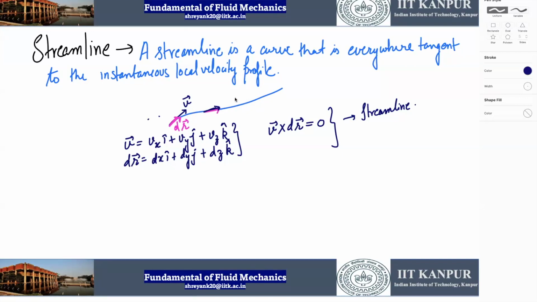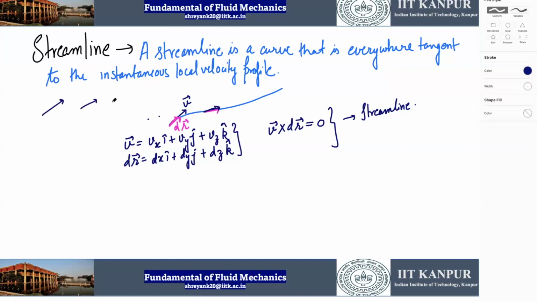This path is basically the curve which is locally parallel to the instantaneous velocity vector. I can say it conversely: let's say I have a velocity vector changing with position like this.